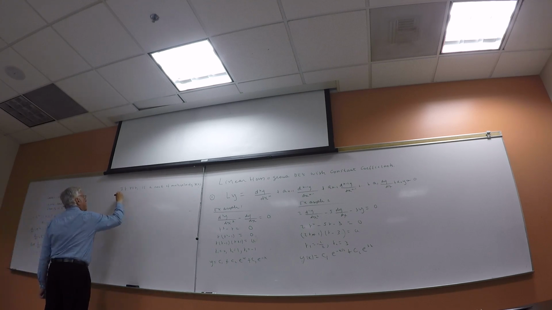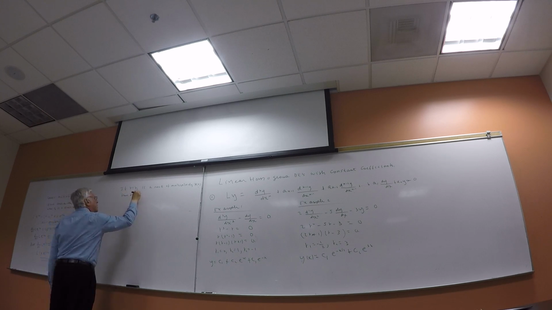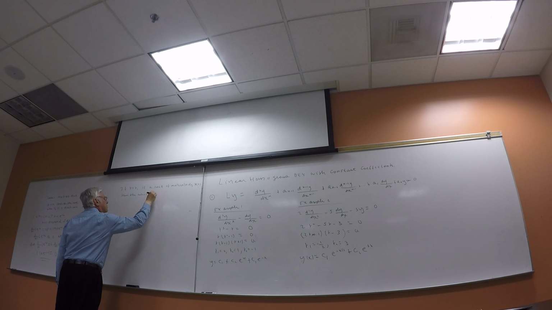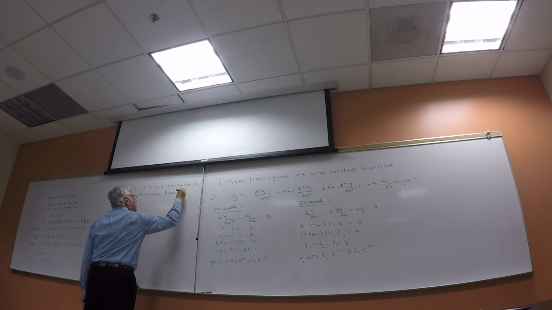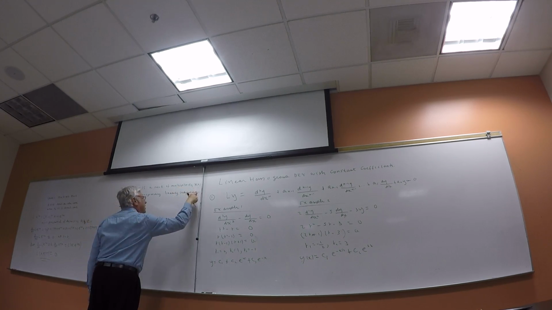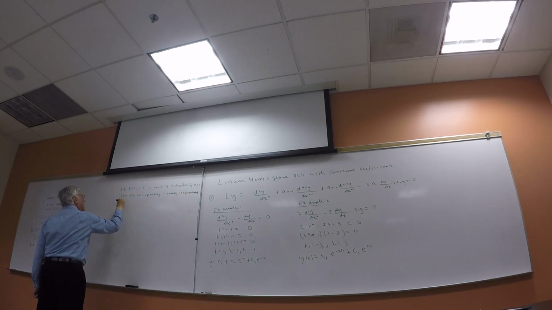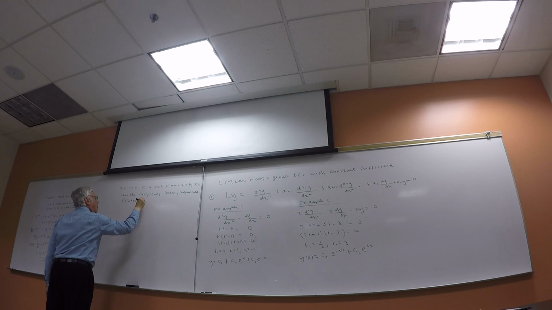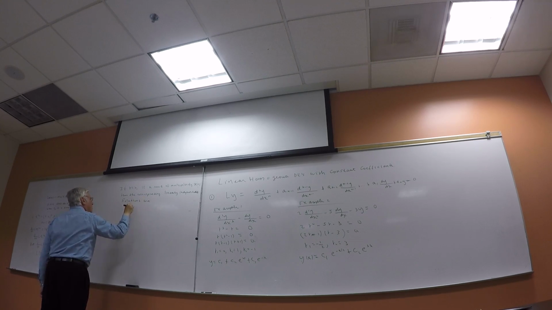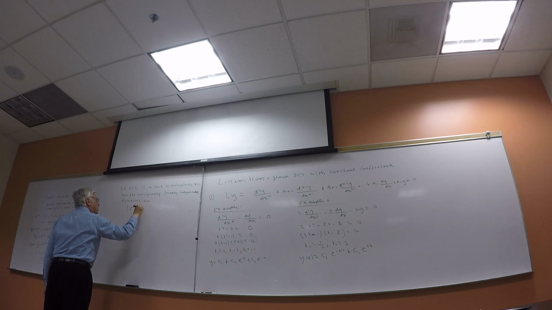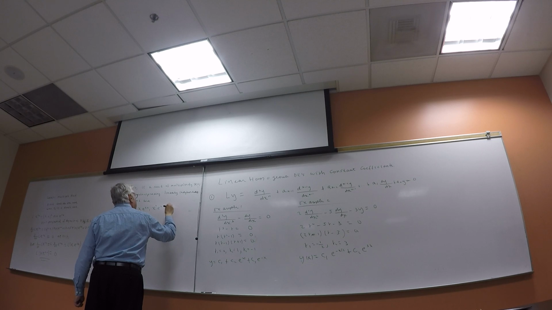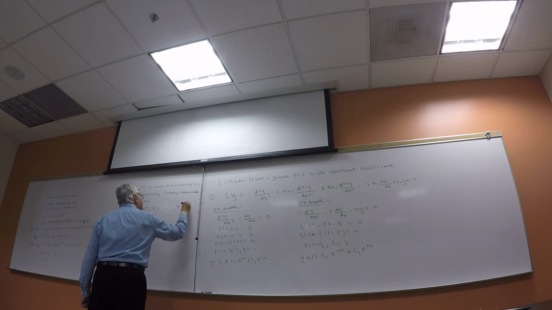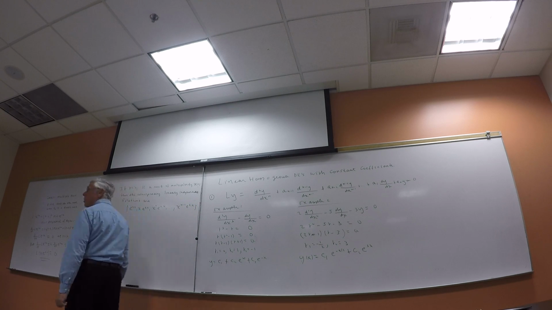So if r1 is of multiplicity k, then the corresponding linearly independent solutions are the following: e to the r1x, x e to the r1x, x squared e to the r1x, if you had a triple root, and then it goes down to x to the k minus 1 e to the r1x. And that's the story for multiple roots, no matter what the multiplicity is.